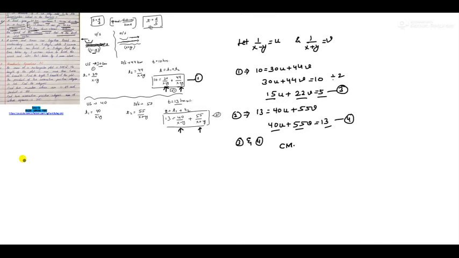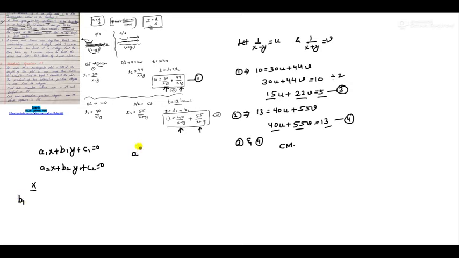Let me write it here. If there are two equations, a1x plus b1y plus c1 equals 0 and a2x plus b2y plus c2 equals 0, then the formula is, you have to write like this, x. Since this formula is a little bigger, we'll start with b1.